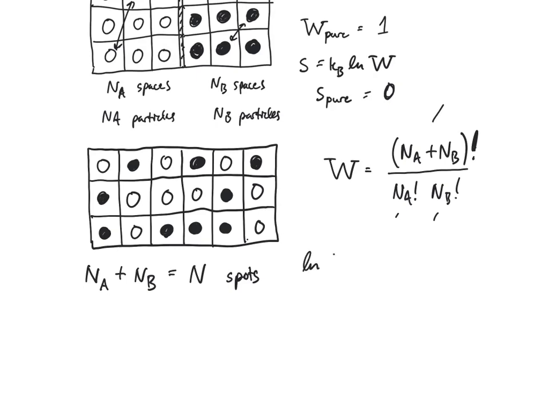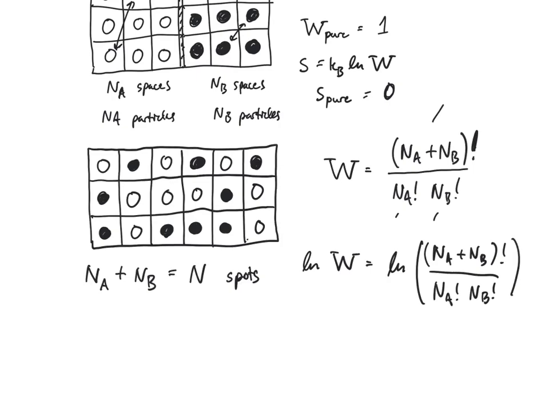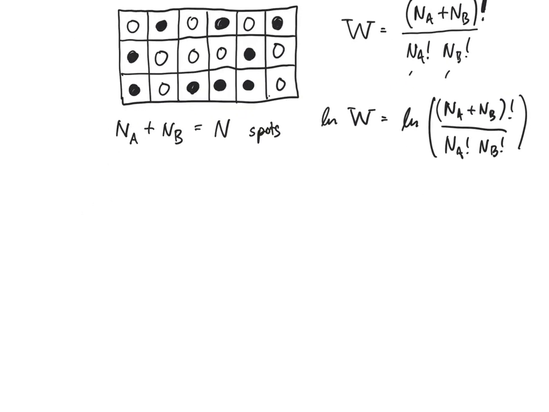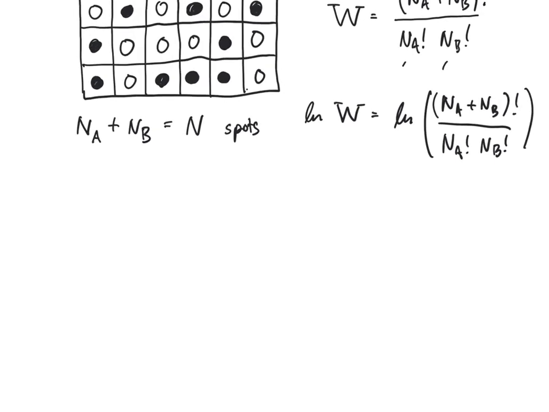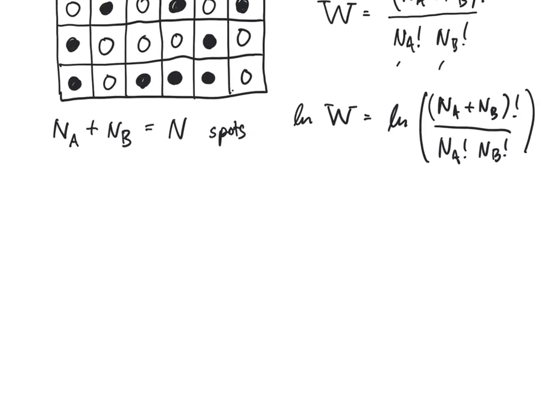So then log big W in this case becomes the log of NA plus NB factorial divided by NA factorial NB factorial. Okay, and now we can use the rules of logs and spread out this division and this multiplication there.